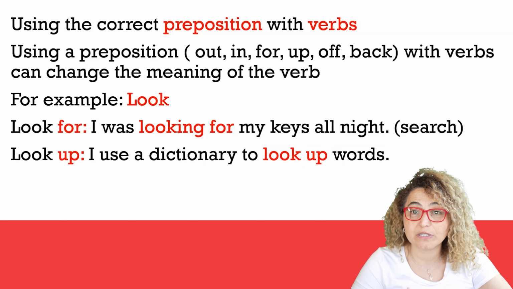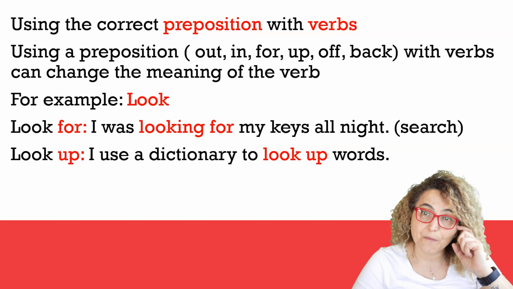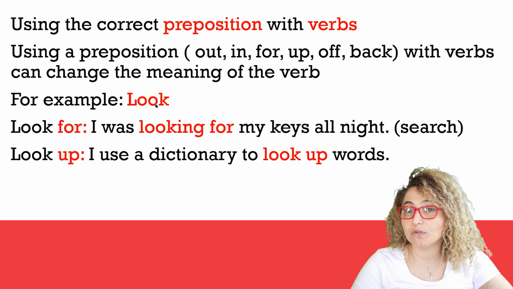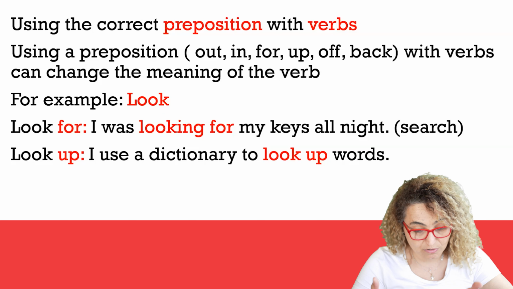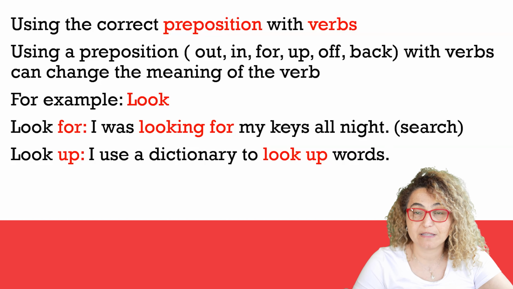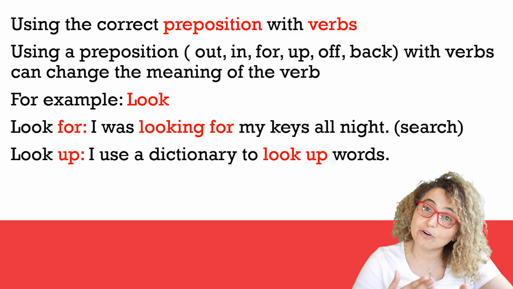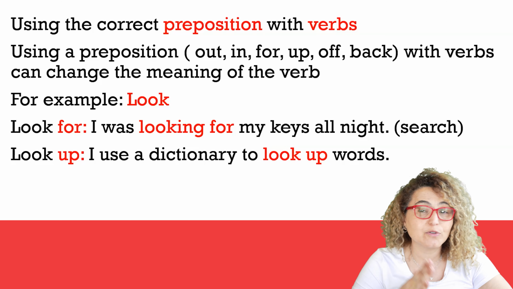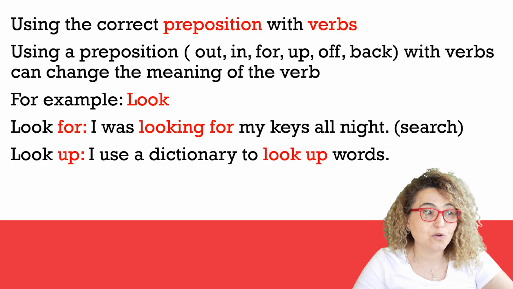So I'm looking up a word. Okay, so this is just one simple example. So look as a verb on its own is look, as you see something. But if I add for, look for, that means I'm searching. I'm looking for something. So it changes the whole meaning of the verb.